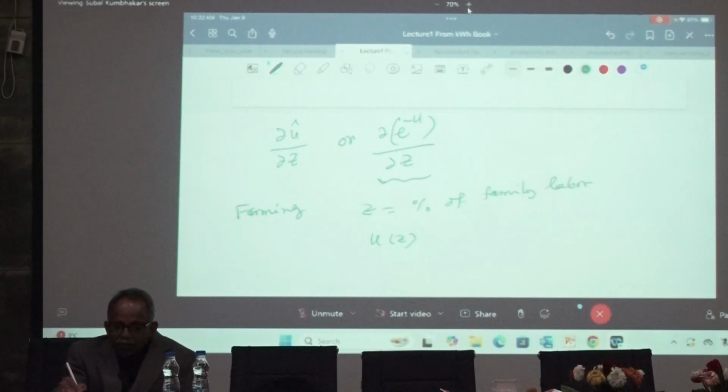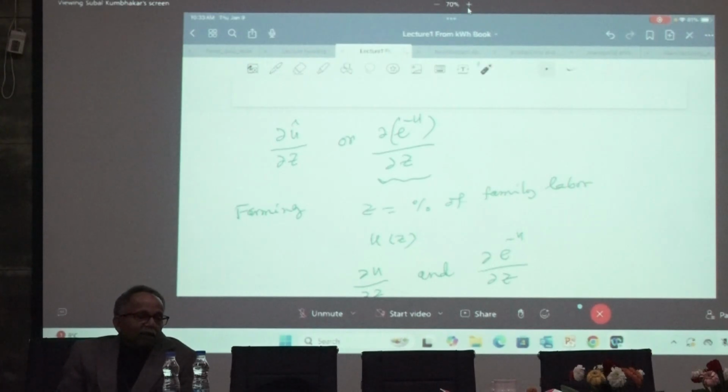So it will give you this, or this. If you feel that the interpretation is easier in terms of this, you can just report those numbers.